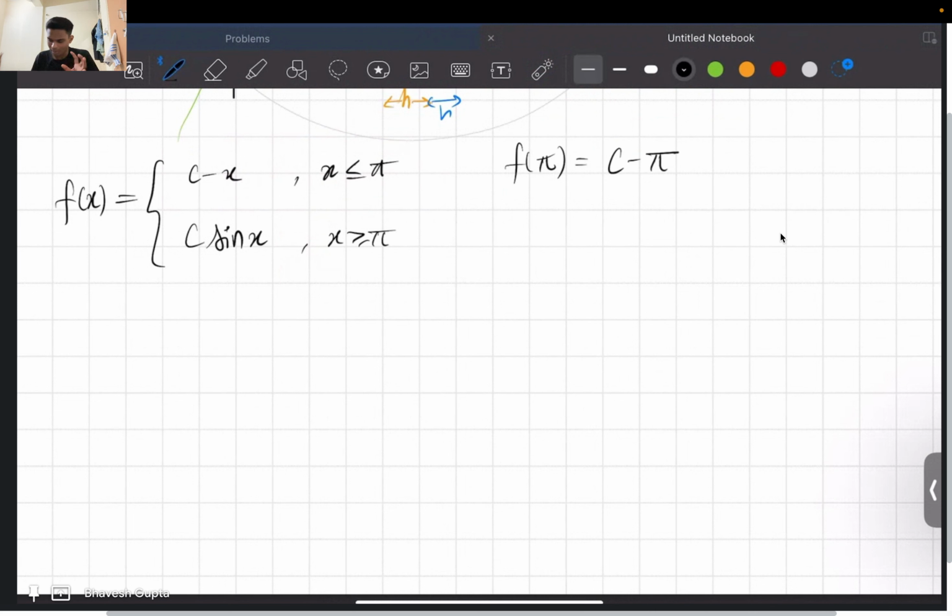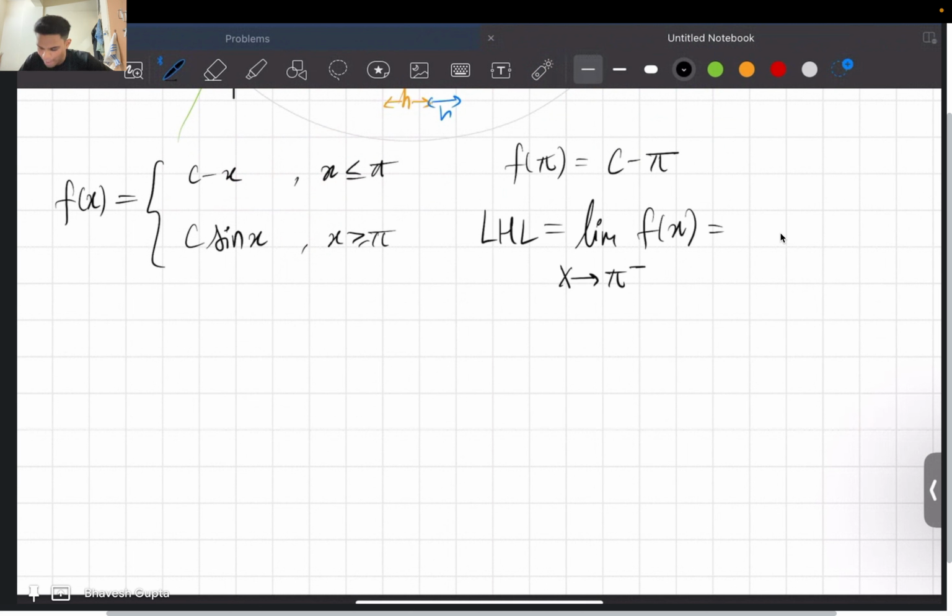But we have to calculate what is called the left hand limit, because at the end we will use the idea that my function is continuous. So my left hand limit would be the limit as x tends to pi minus of f of x.